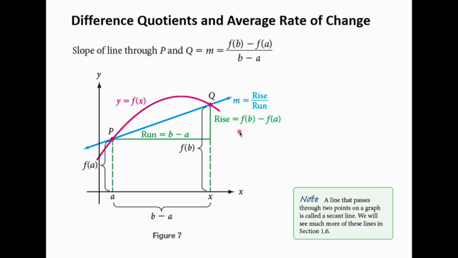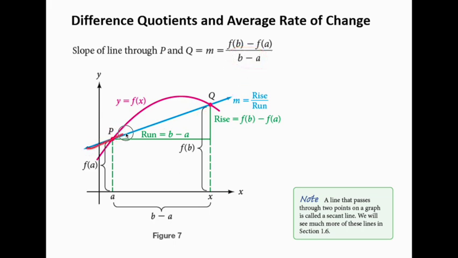Then we have this blue line going through the points P and Q that are on that curve. Just like we did before, when we find slope, we take the difference in our vertical values, which is this up here, and then we look at the difference in our horizontal change. So that's this.